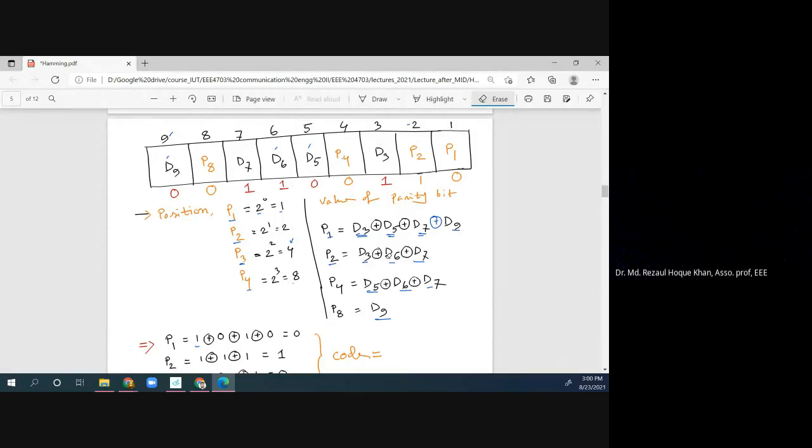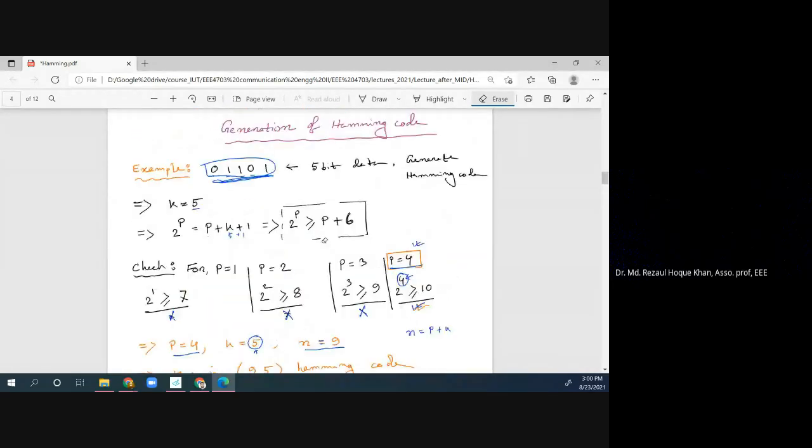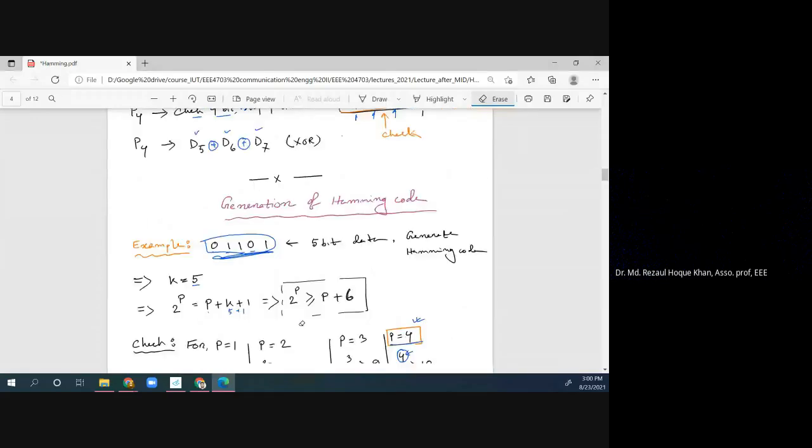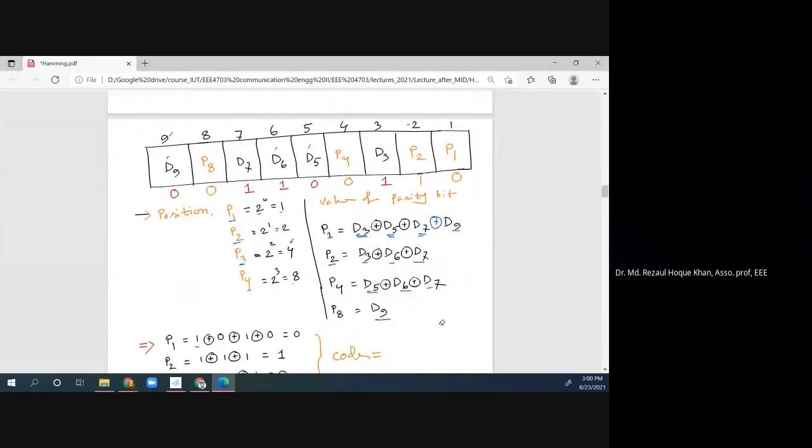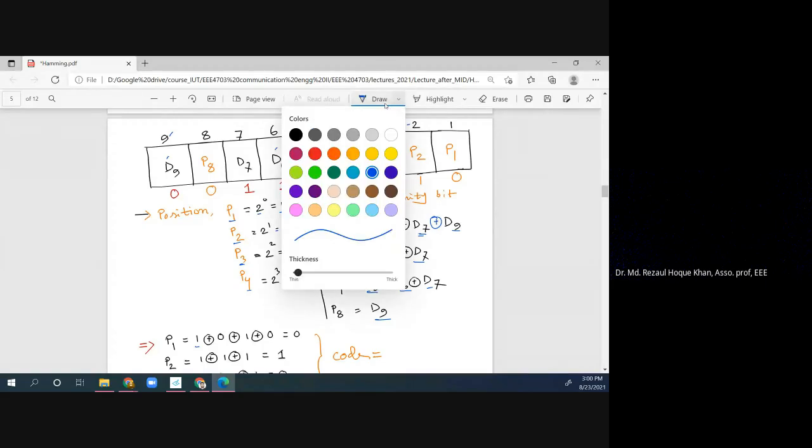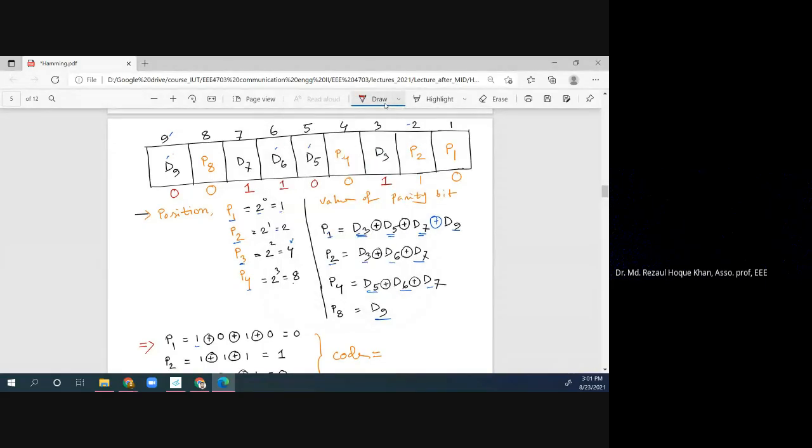Our message data was 01101. So for D3, D5, D7, D9: D5 is 0, D7 is 1, and D9 is 0.